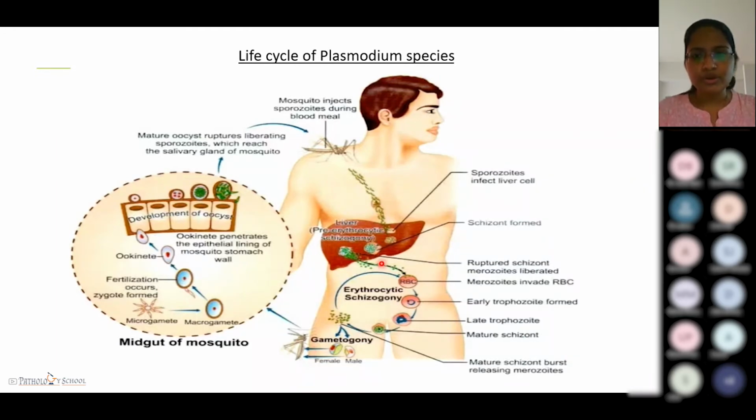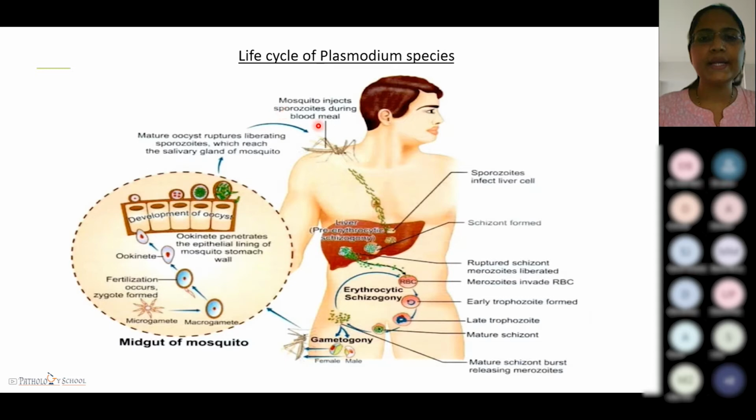When the schizonts rupture, merozoites are liberated, and the merozoites invade the RBCs, where they undergo successive developmental stages. First, an early trophozoite is formed, and then a late trophozoite, which develops into a mature schizont, and the mature schizont again bursts, releasing merozoites, and this cycle continues. Some undergo gametogony, forming female and male gametocytes. And again, when a mosquito bites the human, the cycle continues.